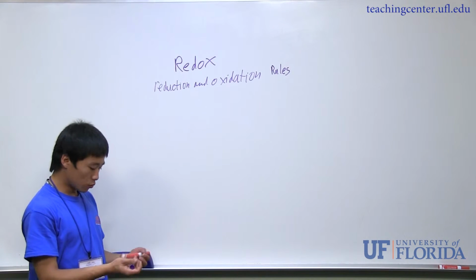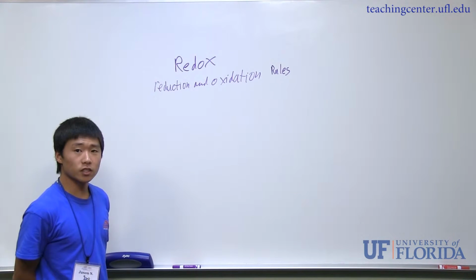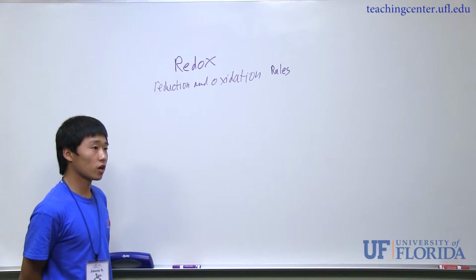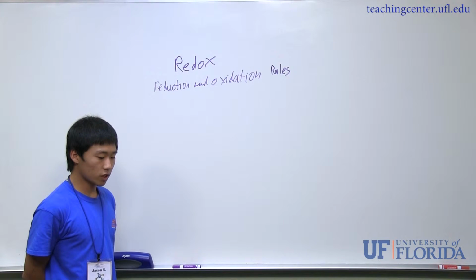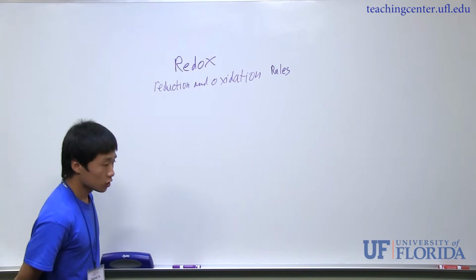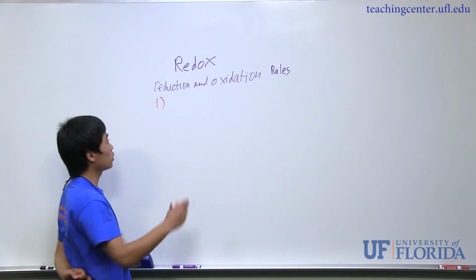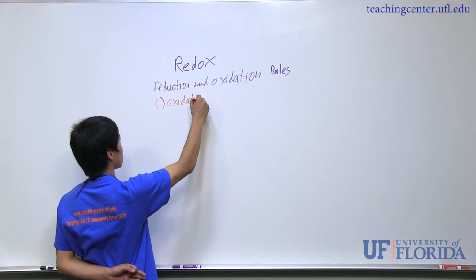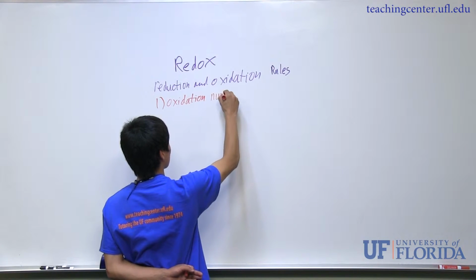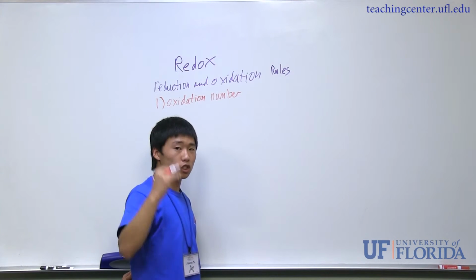So now let's do some rules on oxidation numbers. Oxidation numbers are what I talked about with the charge numbers. I apologize, when I said charge numbers, I really meant oxidation numbers. The oxidation numbers are those little exponents you see sometimes.